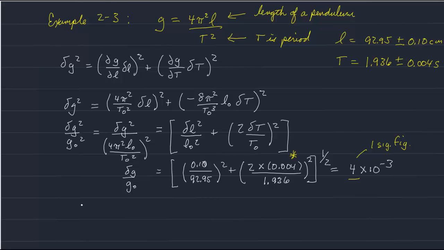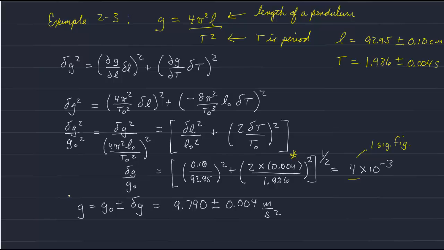So I would write my estimate for g as g sub naught plus and minus the uncertainty of g, which would be this fractional uncertainty times g naught. I plug in all my numbers, and the answer I get is 9.790 plus and minus 0.004 meters per second squared.